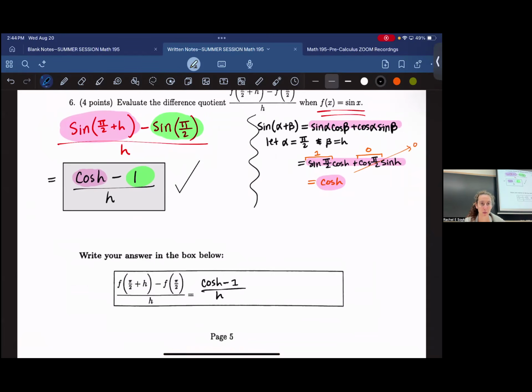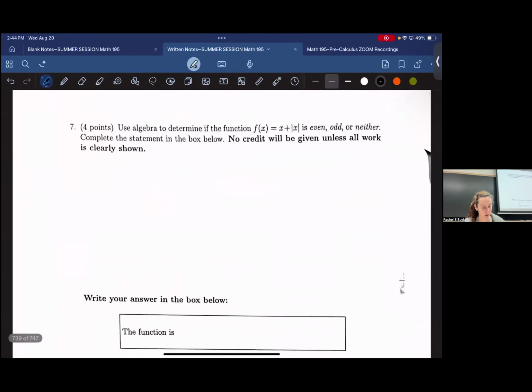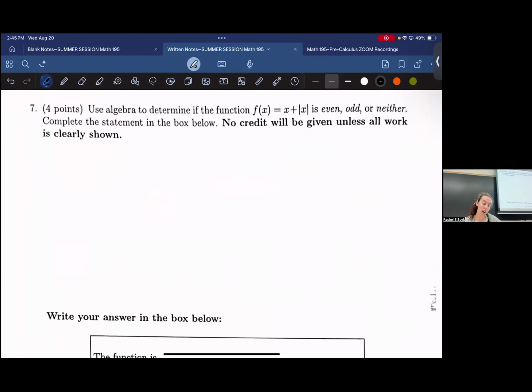We're going to go ahead and move to the next page. Even and odd functions. It's a good review of even and odd. We want to determine whether this function is even, odd, or neither. So let's recall our definition of an even function: it is when f of negative x is equal to f of x.